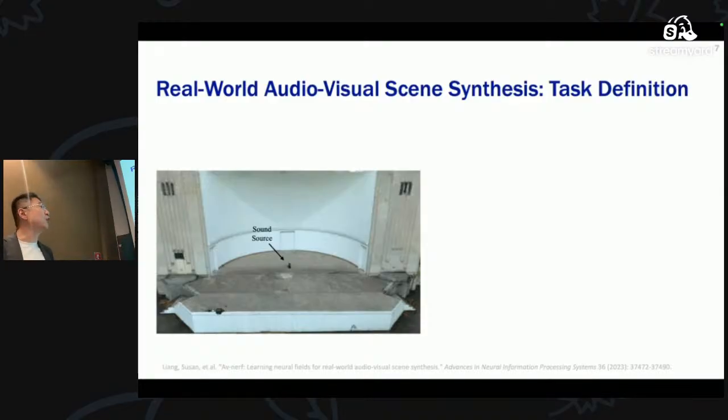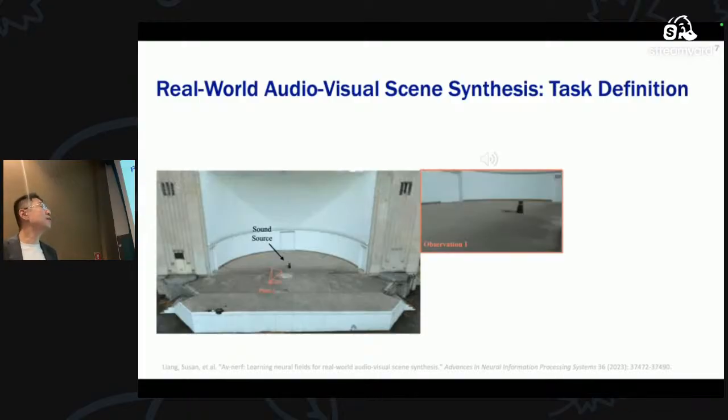Now you can record different audiovisual experiences from different camera positions. The real-world audiovisual scene synthesis task. This is observation 1. The camera is roughly positioned here, and this is what this camera sees. And obviously you just heard what is played at this position of the camera.